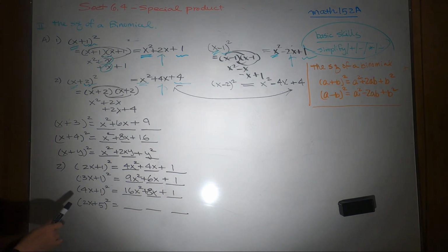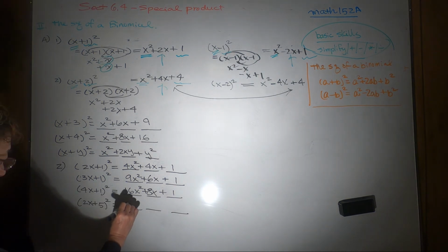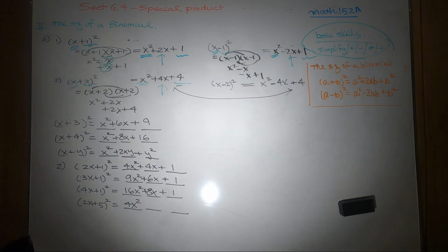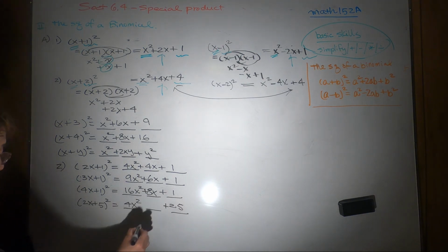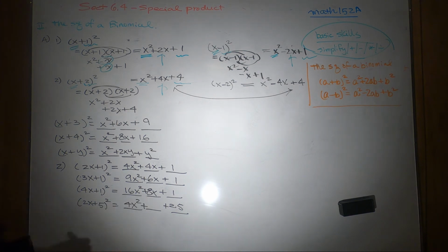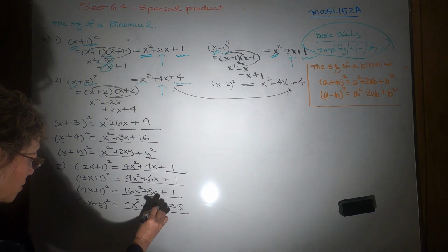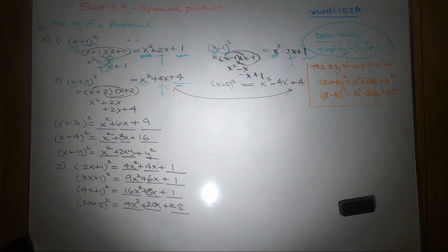How about this one? 2x squared, 2x times 2x, 4x squared. Last term, 5 squared, 25. Middle one is plus. Then you multiply them together. 2x times 5, 10x. Double it, 20x. Right?